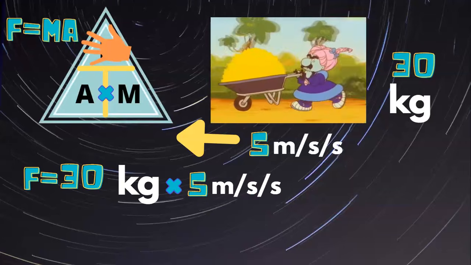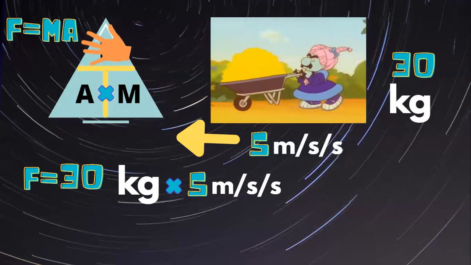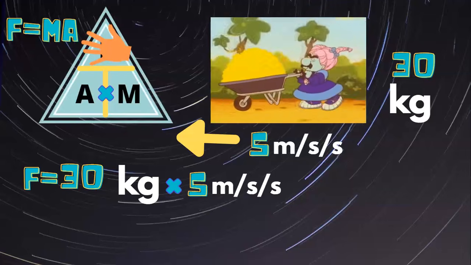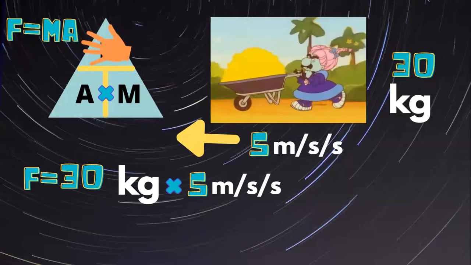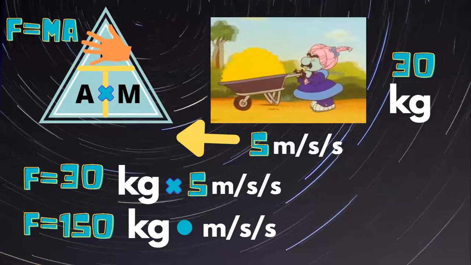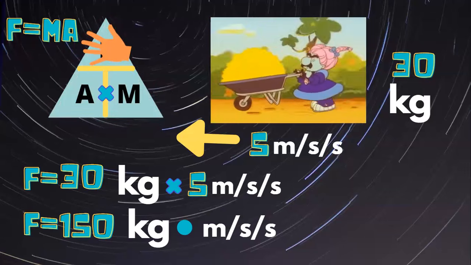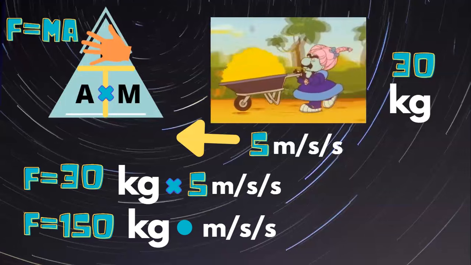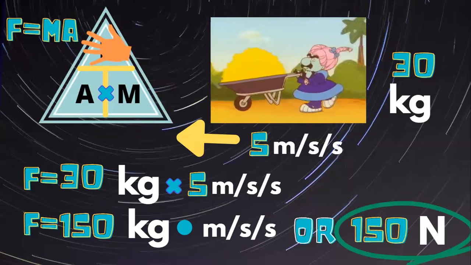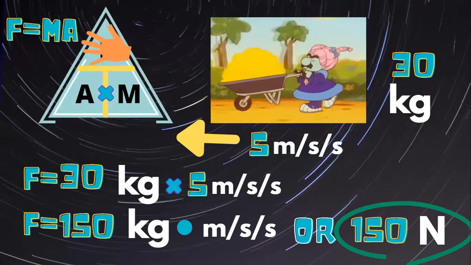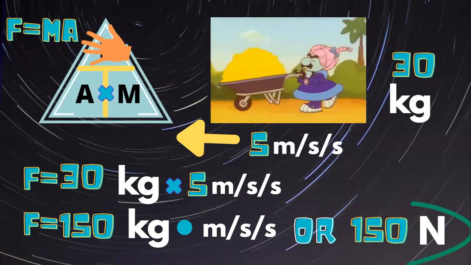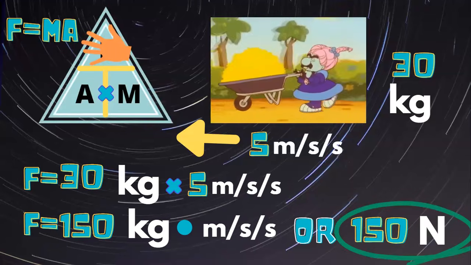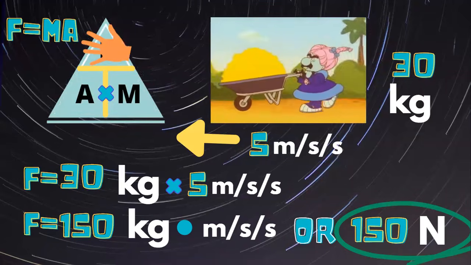So 30 kilograms times 5 meters per second squared. What's 30 times 5? That's right, it's 150. So we bring down the units and we have 150 kilograms times meters per second squared. Or remember, it's just easier to write that N because it's the same thing as a Newton. So this person is pushing with 150 newtons.